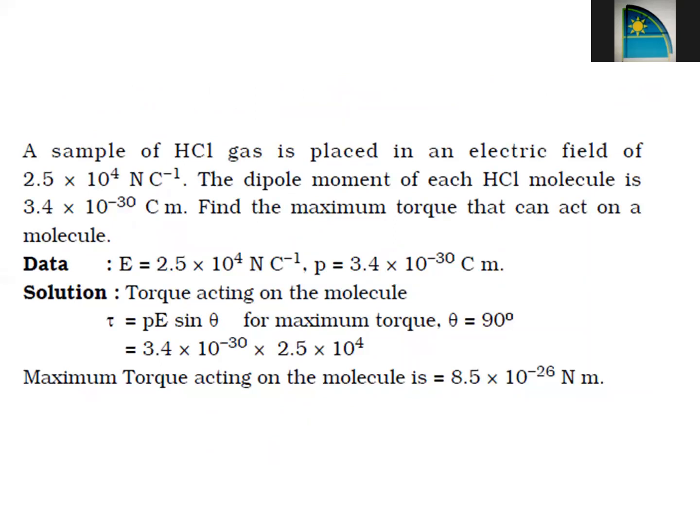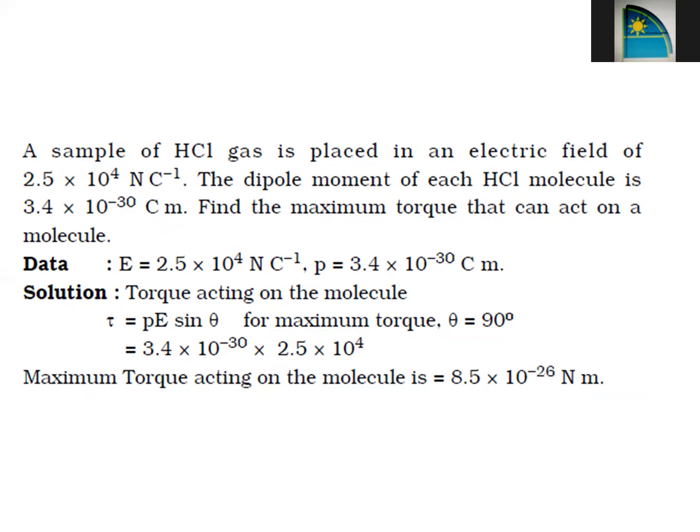This numerical is based on an electric dipole. A dipole, as we know, is an arrangement of equal and opposite charges, and by convention you should always take the distance between these two charges to be 2a. Now, whenever I have an electric dipole and I keep it inside a field, it will experience a torque.